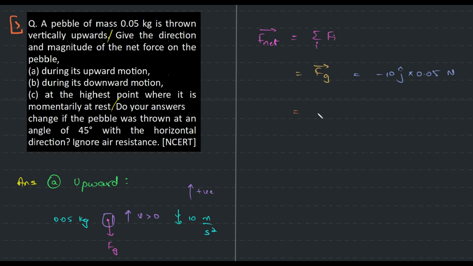So basically it is minus 0.5 j cap Newton. Mass into acceleration, and acceleration in this case is 10. That's what I've taken it as. So this answer is minus 0.5 j cap Newton. I made use of the force is equal to mass into acceleration formula.